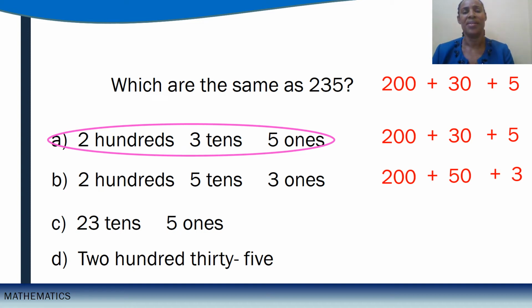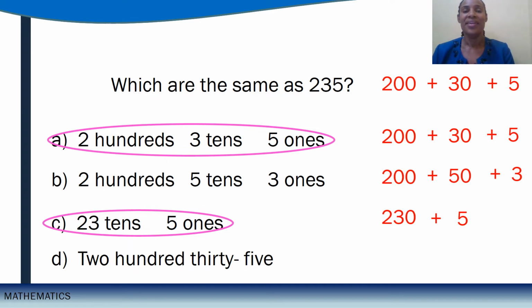Excellent, boys and girls. If you said 23 tens is the same as 230, that is correct. Now 230 added to 5 ones gives us 235. So yes, boys and girls, I agree with you. 23 tens, 5 ones is the same as 235. Now for D. Can you read D with me?